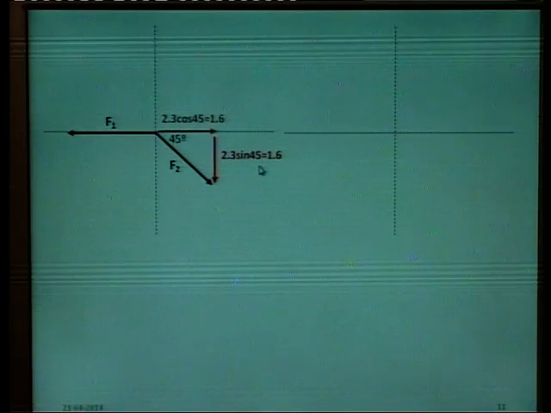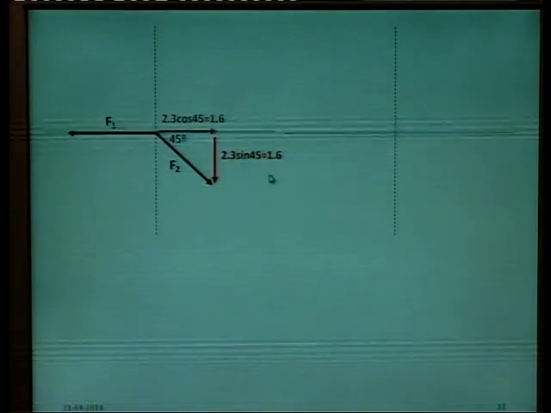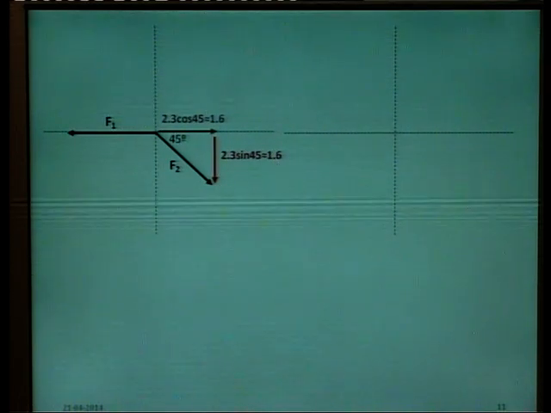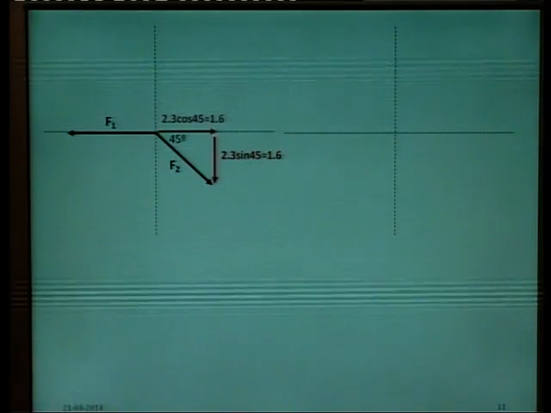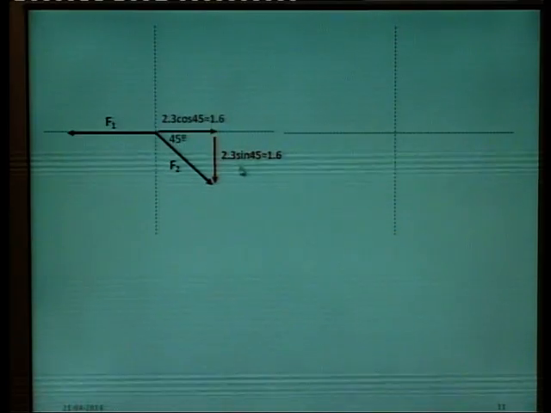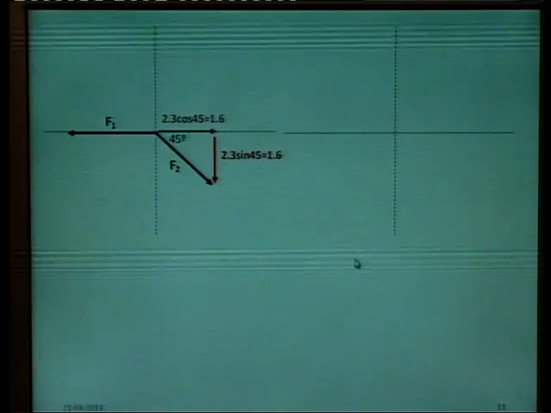Now, you know sin 45 and cos 45 have the same value, that is 1 by under root 2. So, this component is 1.6. So, I have divided force F2 into two components. One is horizontal component which is opposite to F1, one is vertical component which is perpendicular to F1.